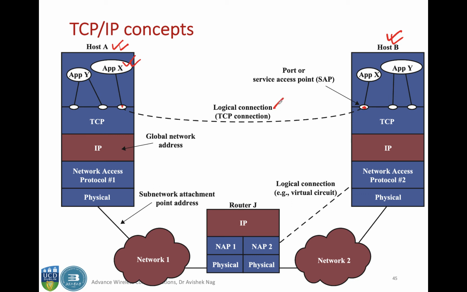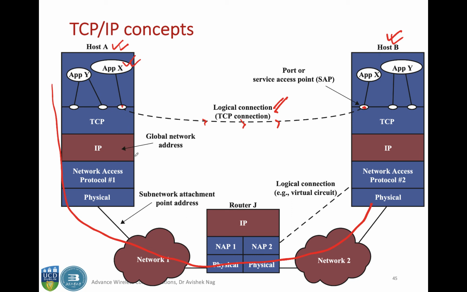So this is not an actual physical connection. The actual physical connection goes through all the layers, then through the networks all the way to here. But the logical connection between the TCP ports of the two end systems, host A and host B, is this one, denoted by this dotted line. Then the TCP layer does its function.